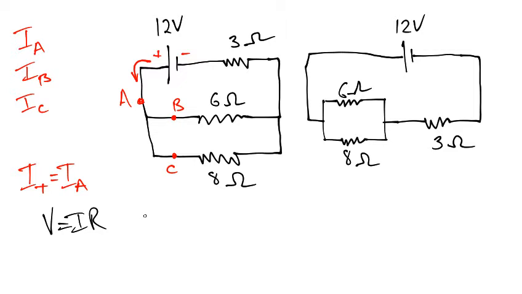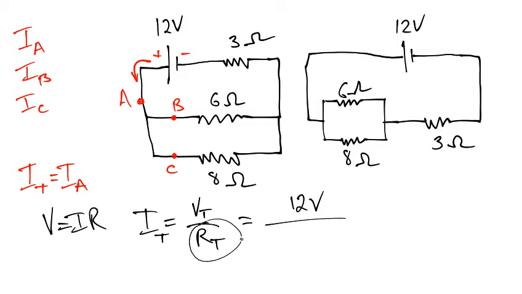If we rewrite that, I therefore is equal to V over R. But in this case, the total current is going to equal the total voltage divided by the total resistance. Now the total voltage obviously isn't too difficult. That's just 12 volts. There's only one battery. But the total resistance, what is that?